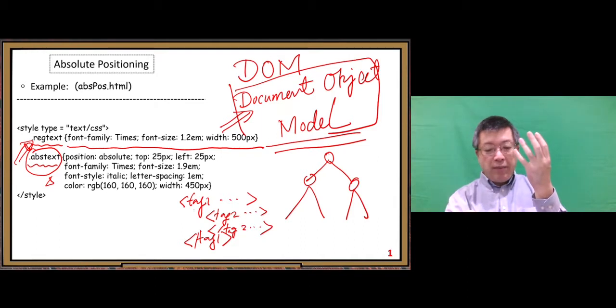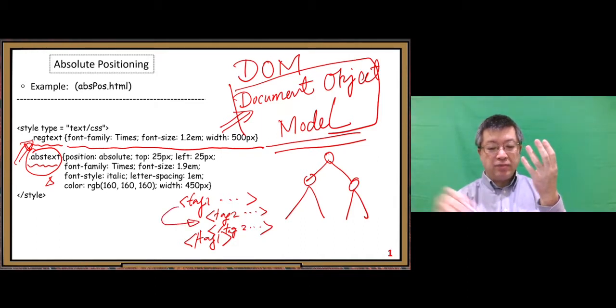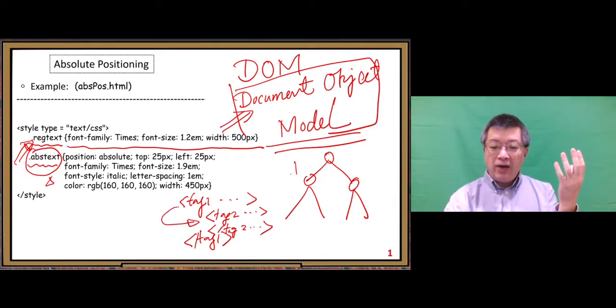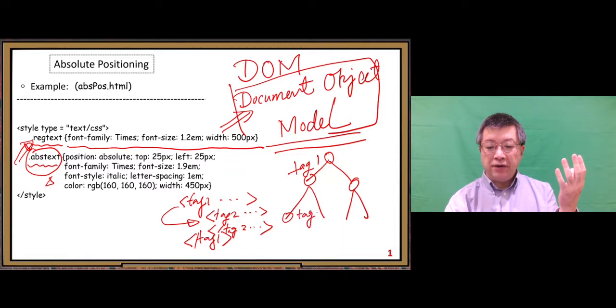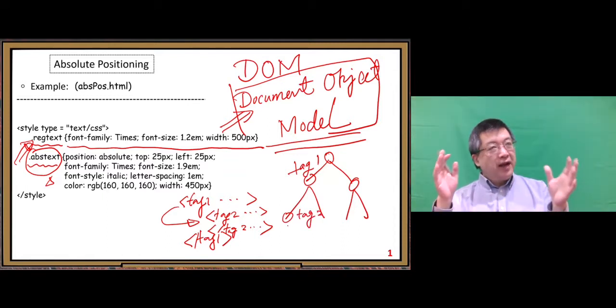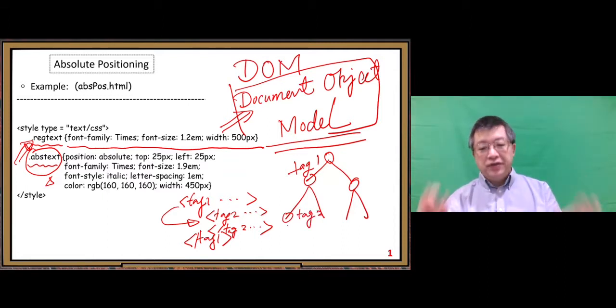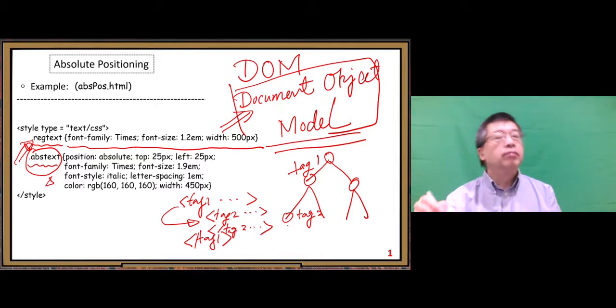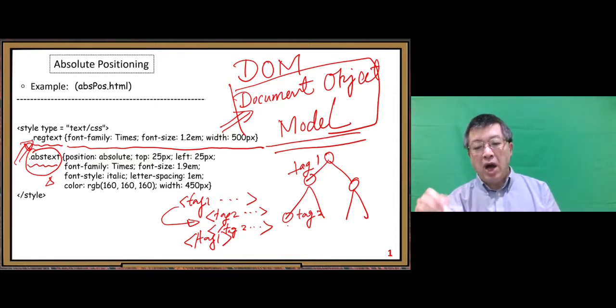This creates a parent-child relationship. Tag 1 is the parent node. Tag 2, the child node. Things like that. So that's the so-called DOM, D-O-M, Document Object Model.